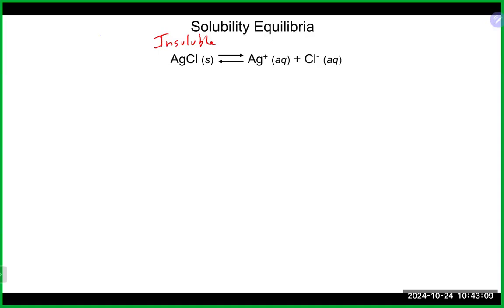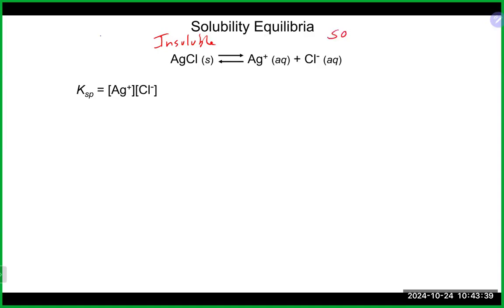So because it does set up an equilibrium, we could actually write an equilibrium constant for it, which is known as the KSP. And the KSP is no different than any other equilibrium constant. It is products over reactants. But in this case, obviously, our reactant is a solid, so we do not include it like normal. We don't include solids or liquids in there. And that is typical for KSP expressions because the way KSP reactions are written is usually just like we see here.